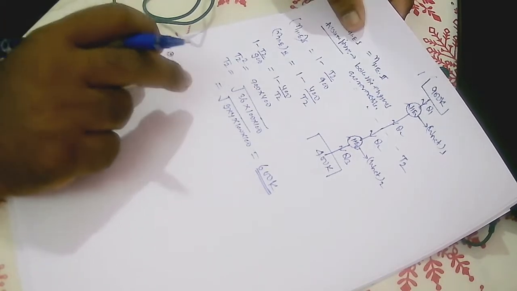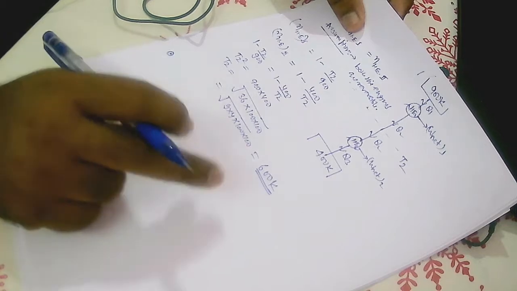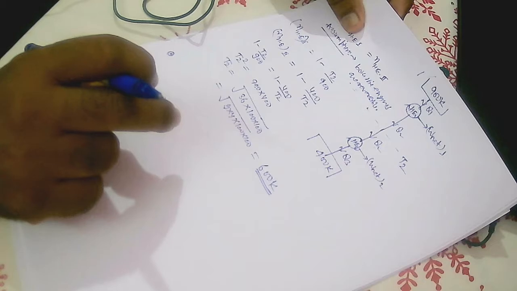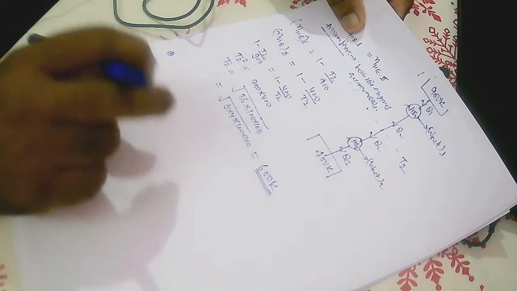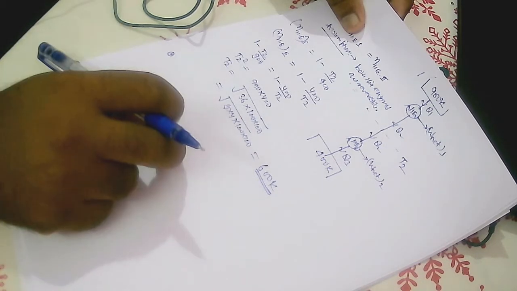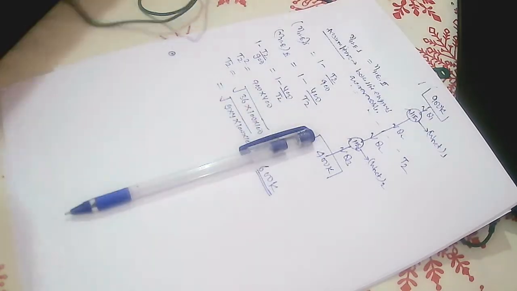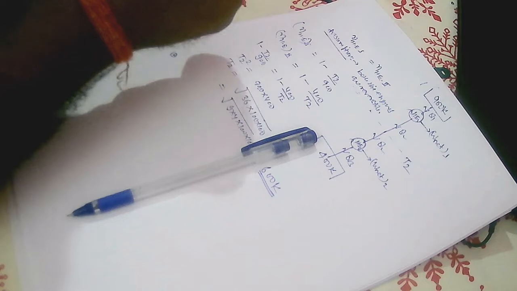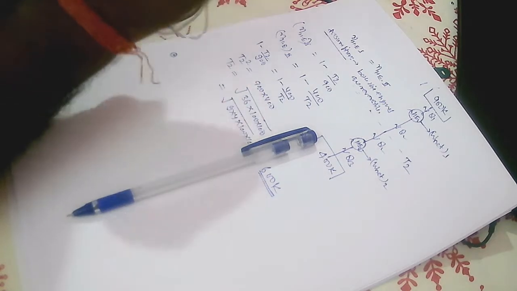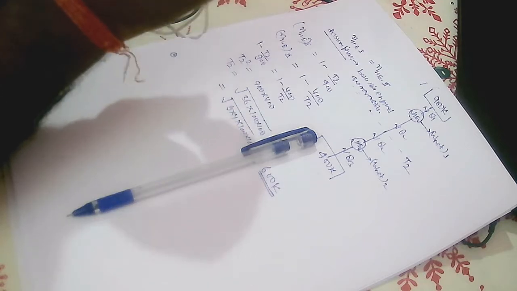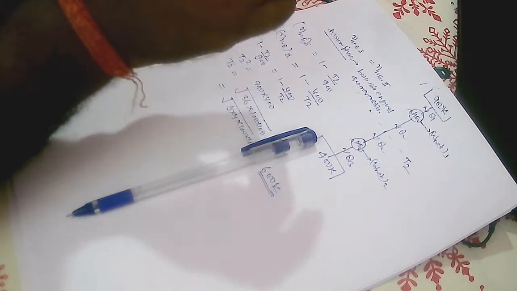Three engines A, B, C operating on Carnot cycle respectively use argon, oxygen and helium as working fluid. If all engines operate within the same high and low temperature limits, then which engine will have high efficiency? Keep in mind, again read the statement. Three engines A, B and C operating on Carnot cycle.